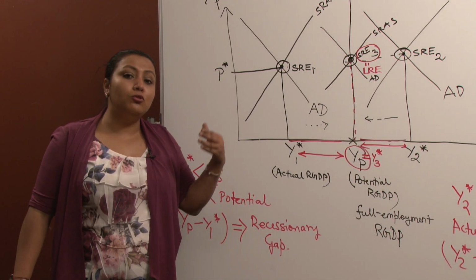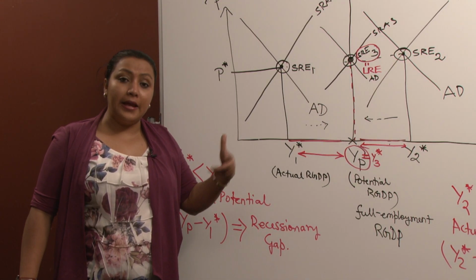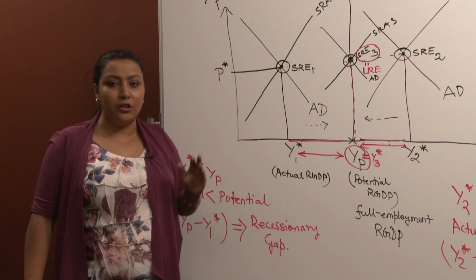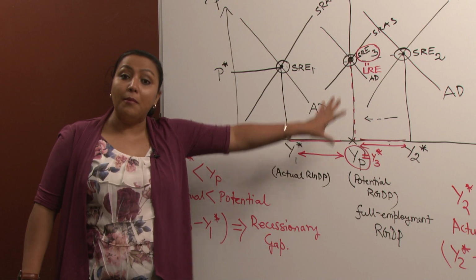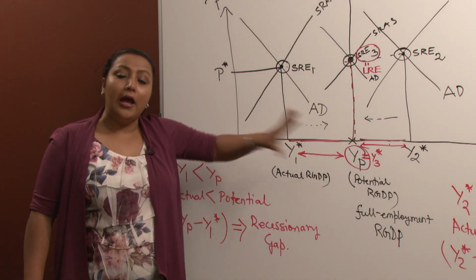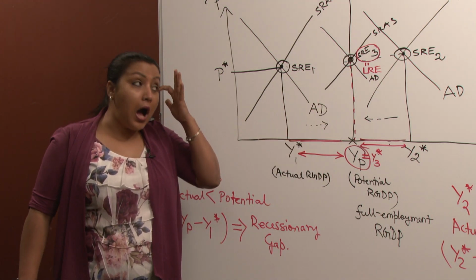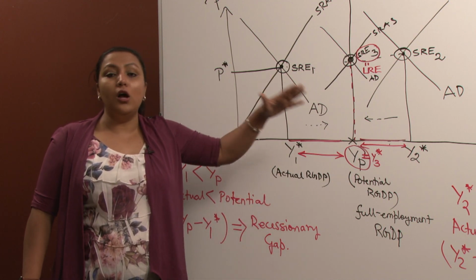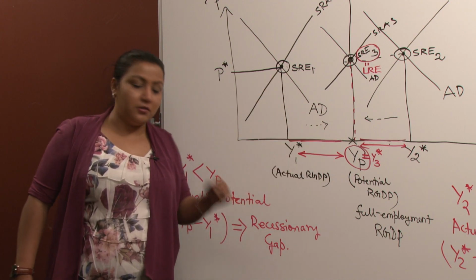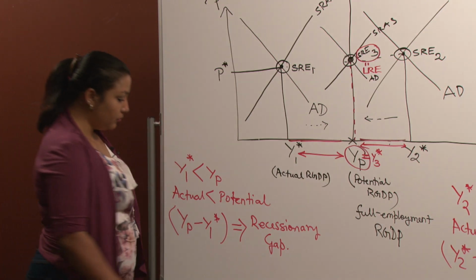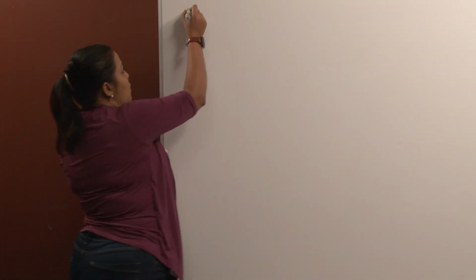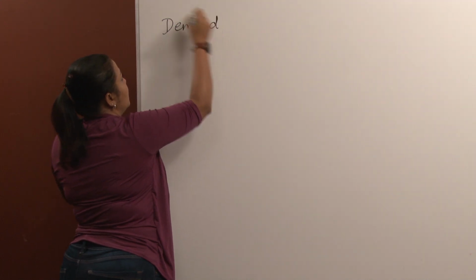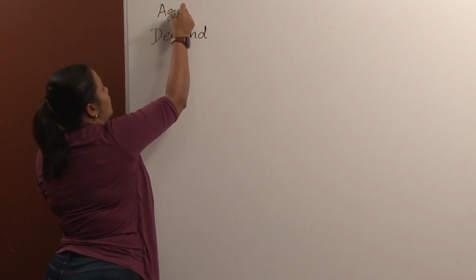We are first going to talk about positive and negative demand and supply shocks, and then we are going to come back once again to this diagram and talk about how the process of adjustment from a short run to a long run equilibrium takes place in the economy. So next, let's talk about aggregate demand and supply shocks.